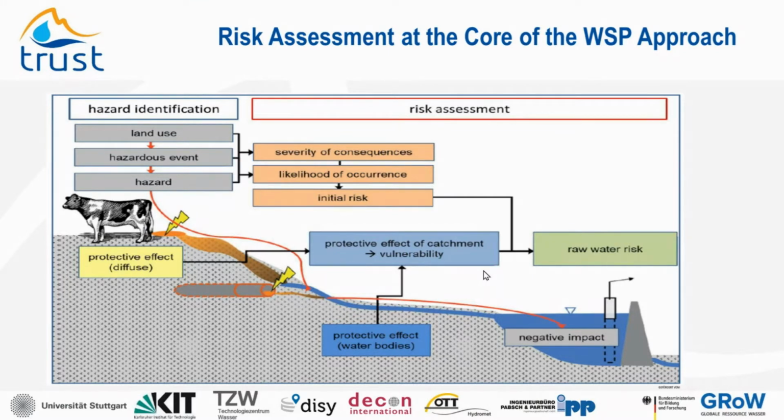If you have a catalog of all the geographically located hazardous events with likelihoods and severities that could happen in your catchment area, then you could aggregate them in a map in order to create a whole raw water risk map.